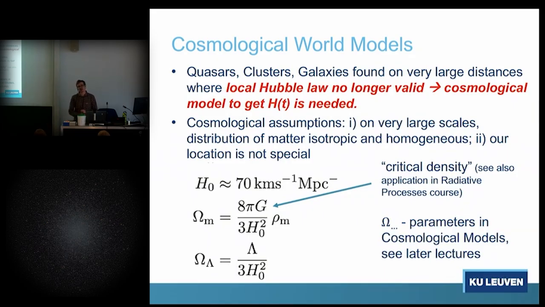And nowadays there are also other indications why this has to be, coming from a combination of sources, like the cosmic background radiation and the fluctuations thereof, particularly the baryonic oscillations, but also from clusters of galaxies, where we can get a good handle on the total mass, and that mass doesn't seem to add up to the total energy content that should be around for a flat universe, which is another observational indication that we have.